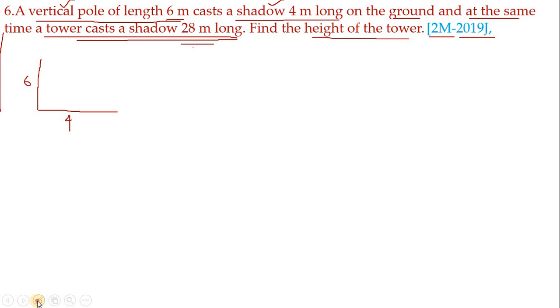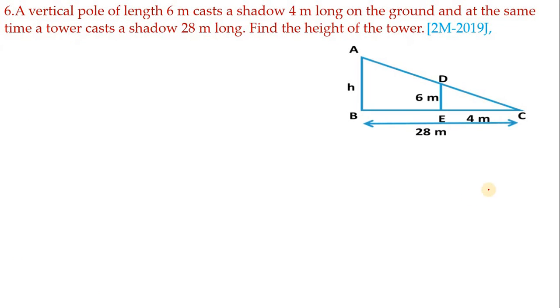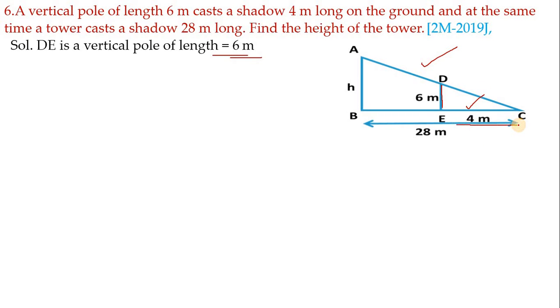So let me take a suitable figure first. So look at this. So easily you can understand it. This D is what? That is a vertical pole of the height, vertical pole of the length or height which equals 6 meter. And next, length of the shadow. So length of this shadow is 4 meter.